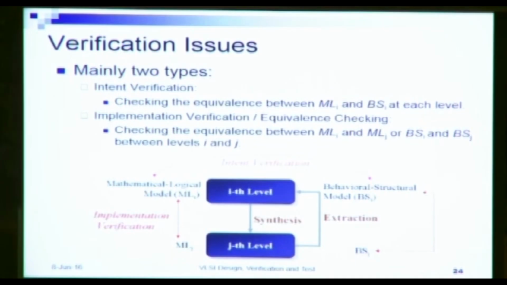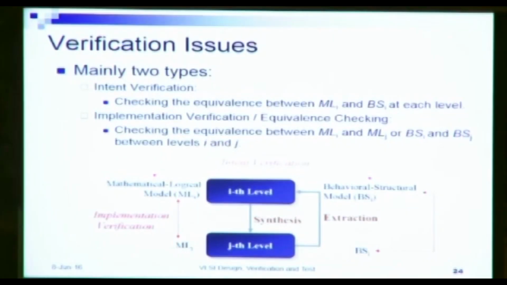We need to verify that the design is correct at each stage, right? When we are doing a synthesis from a less detailed one to a more detailed one, errors can come up, and we need to verify that there are no errors with respect to the specifications that I have. There are two main types of verification. One is the intent verification, that is checking the equivalence between MLI and BLI at each level.